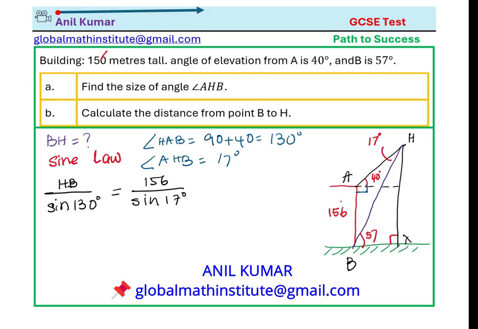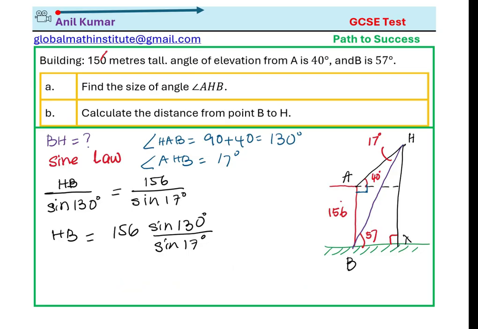You get the whole idea. So HB is equal to 156 times sine of 130 over sine of 17 degrees. Let's use the calculator, figure it out. 156 times sine of 130, correct? And we need to divide this by sine of 17.